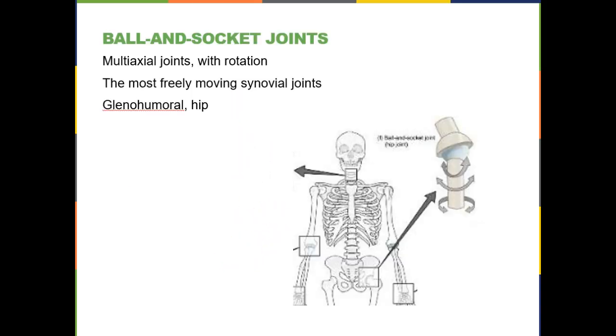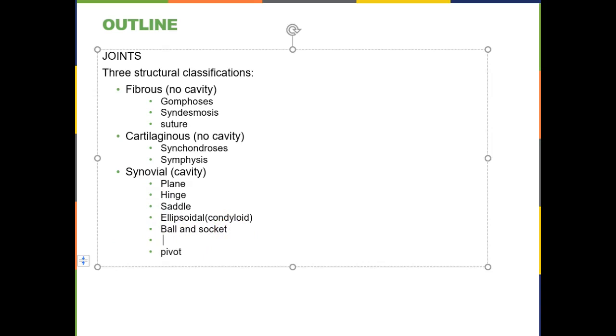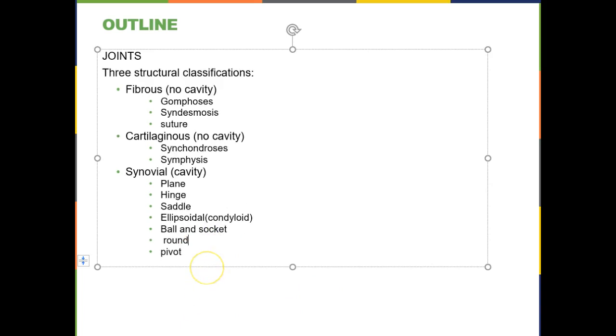So fill in the details on ball and socket joint. Where did I put it? Here, right? So you would go and say round, moves a lot, whatever. If I were you, that's how I would organize this information, and then go back through and rewrite all of this in outline form. It would be a really good way to study if you're trying to commit everything to memory.